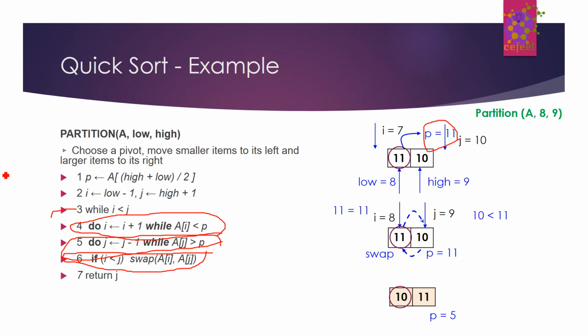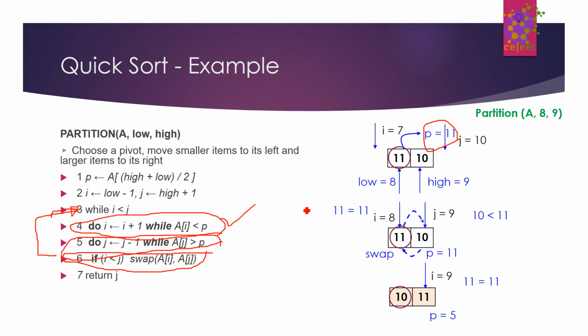Once that is done, we will go to step 3 to check the outer while loop. i is still less than j because 8 is less than 9. So we'll go to step 4. In step 4, we will increment i and then see if a[i] is less than p. So we increment, i is 9, and 11 equals 11.